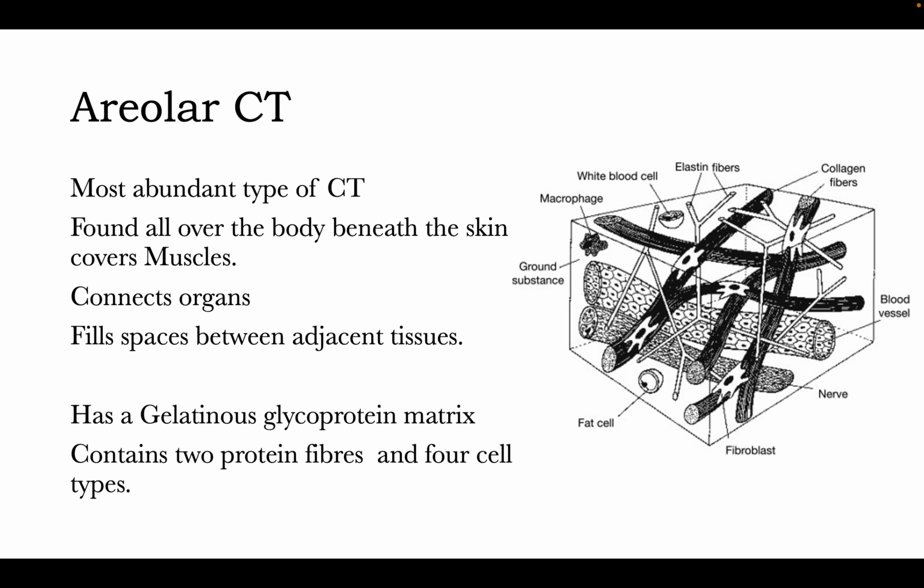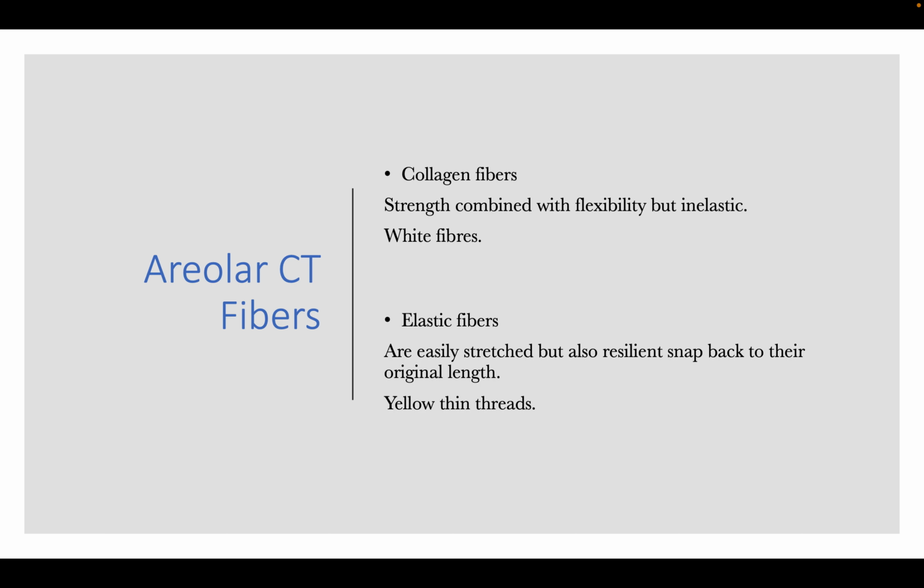The elastic fibers are flexible and they are elastic. And their main function is to give areolar tissue strength and toughness. This makes the tissue able to be flexible and to be elastic.